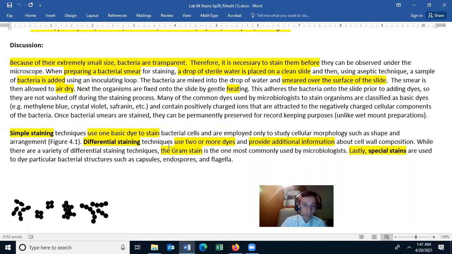We'll see that with the Gram stain, which is the most common differential stain. And then the other stains we need to talk about are special stains, and they're used to stain special structures of the cells, like the flagella or the capsule.